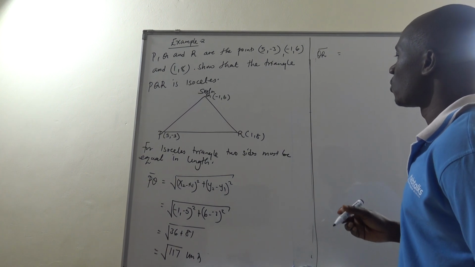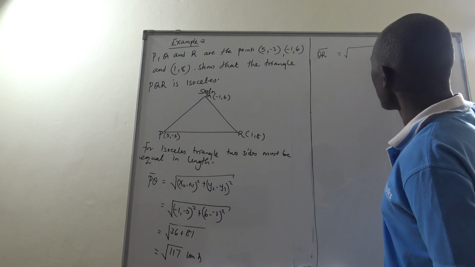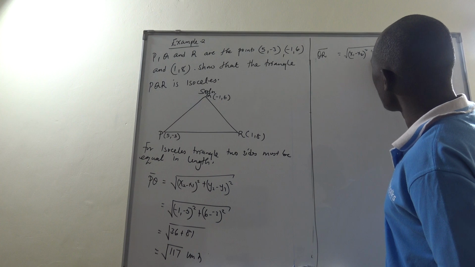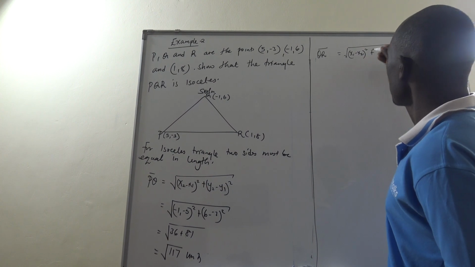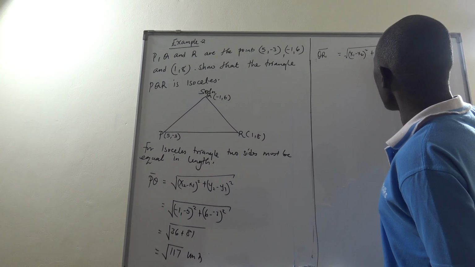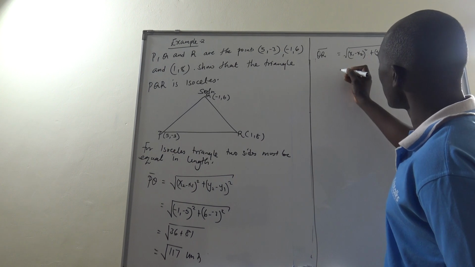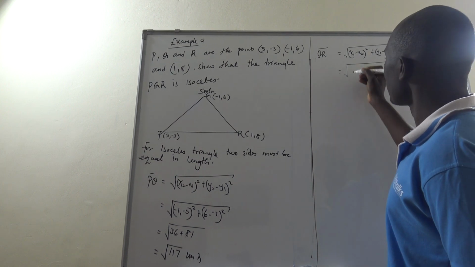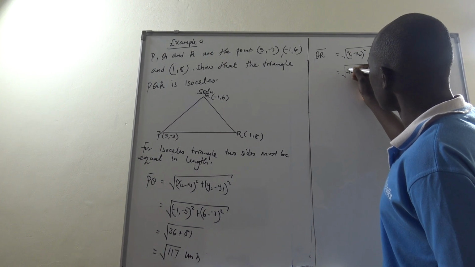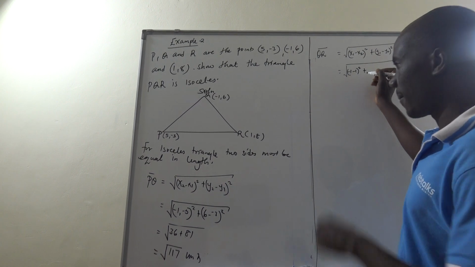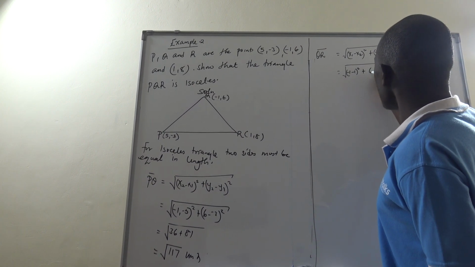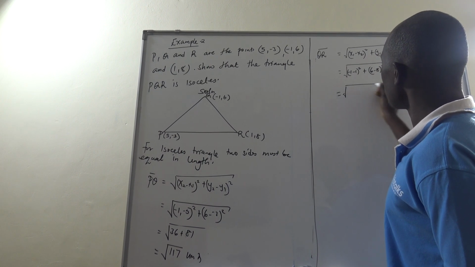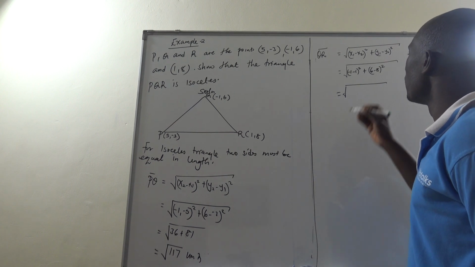Still, we are going to use the same: x1 minus x2, the whole of it squared, plus y1 minus y2, the whole of it squared. Looking at QR, we have -1 minus 1 squared, plus 6 minus 8, the whole of it squared. -1 minus 1, what are you getting?